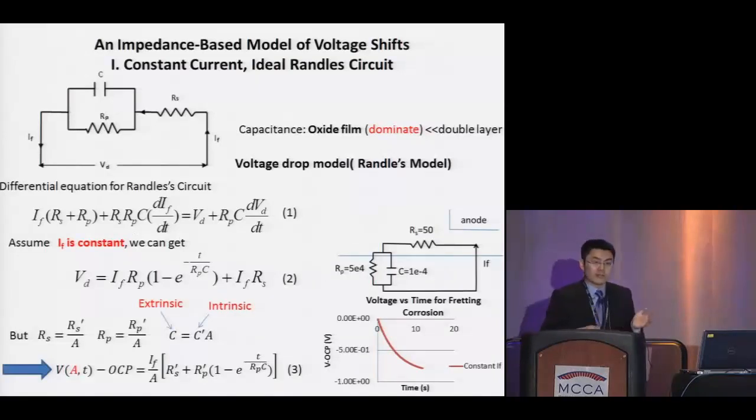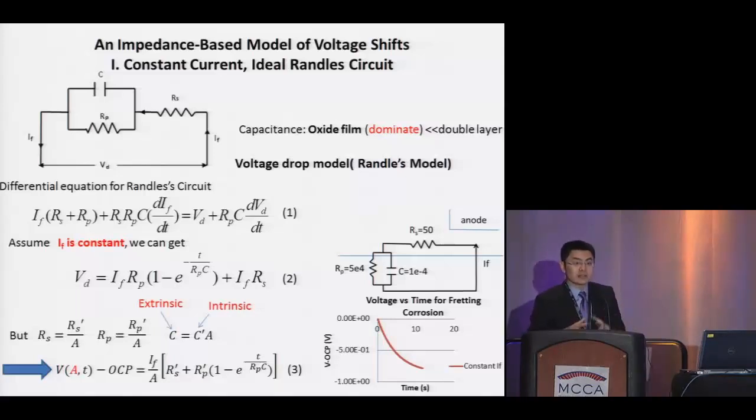So in this theory, we assume the titanium surface behaves like a Randles circuit, which has 3 components: RS, RP, and C. And if there is a voltage drop added on the surface, there will be IF, the fretting current. So we can find the relationship of the Randles circuit using a differential equation, equation 1. And for a simple case, if we assume the fretting current, IF, is a constant, we will get the voltage drop as equation 2 shows.